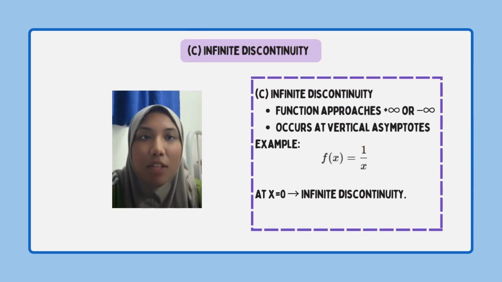C. Infinite discontinuity. The function approaches positive infinity or negative infinity. It occurs at vertical asymptotes, for example at x equals 0.